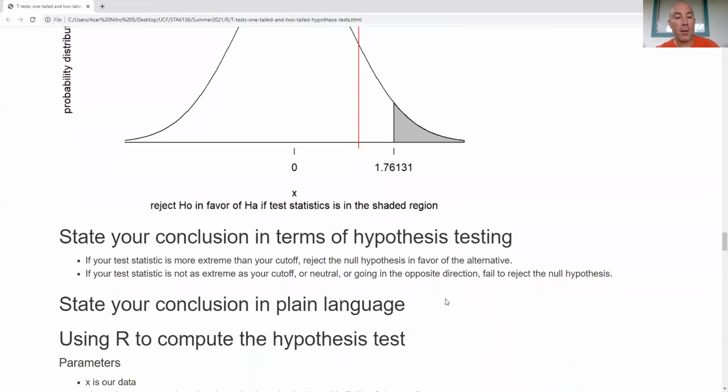I state my conclusion in terms of hypothesis testing: I failed to reject the null hypothesis. And then I state it in plain language: statistically, it looks like the population average is less than or equal to 0.